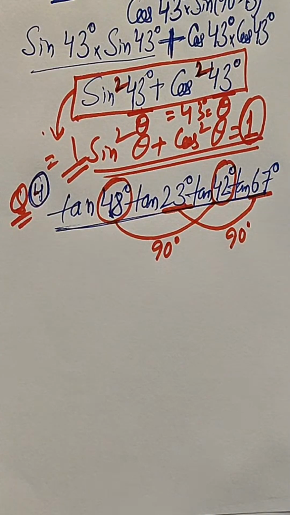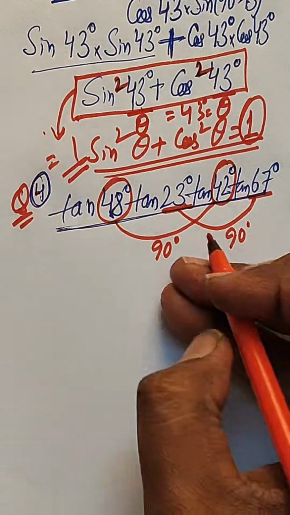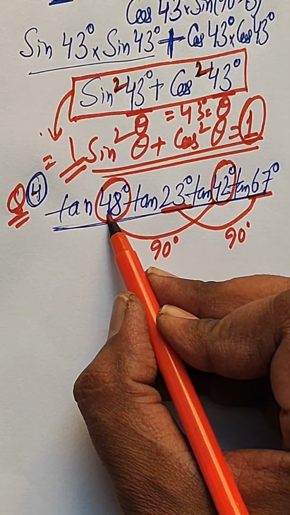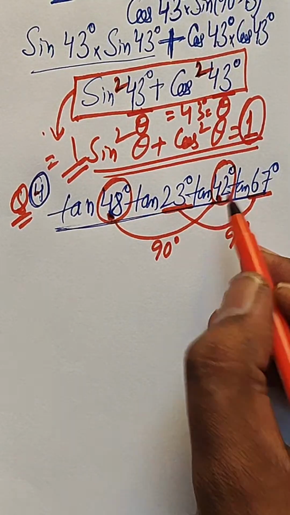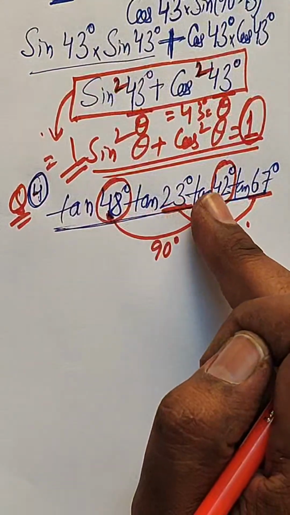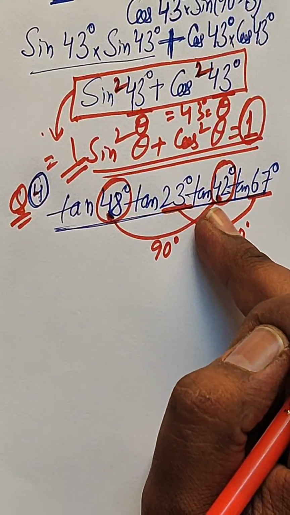So in such questions, we need to make sure that one of the angles, leave it as it is and convert the other one into its complementary. So here the pair of tan 48 and tan 42 should be there.